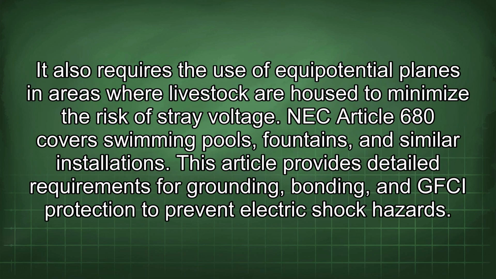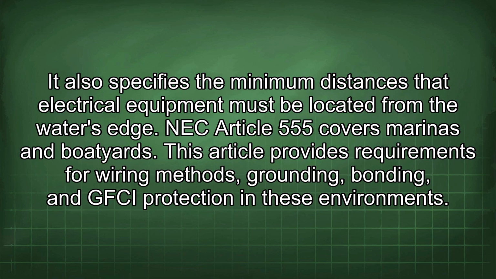It also requires the use of equipotential planes in areas where livestock are housed to minimize the risk of stray voltage. NEC Article 680 covers swimming pools, fountains, and similar installations. This article provides detailed requirements for grounding, bonding, and GFCI protection to prevent electric shock hazards. It also specifies the minimum distances that electrical equipment must be located from the water's edge.